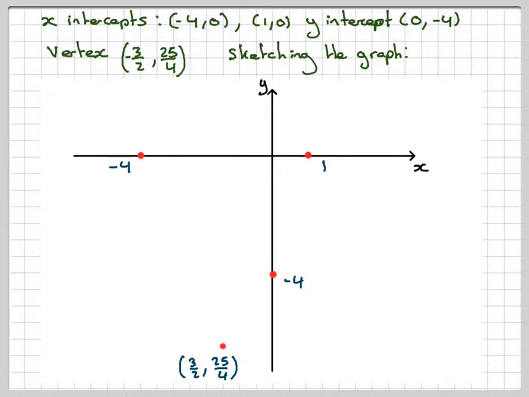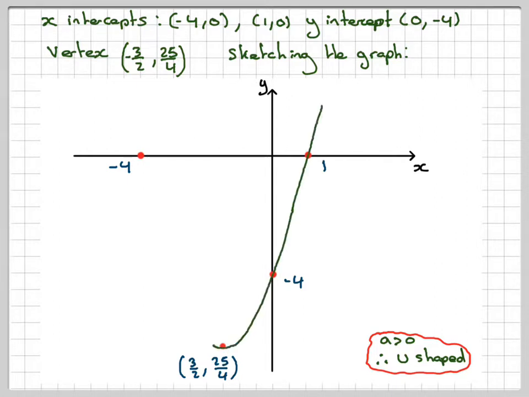Now when you're drawing the curve, probably better to turn this page upside down and try to draw an N. So drawing the curve, and we know it's U-shaped because a is positive. We get a U-shaped curve, so it's going to go that way. So just draw it through all the points, and then at one end label the curve.